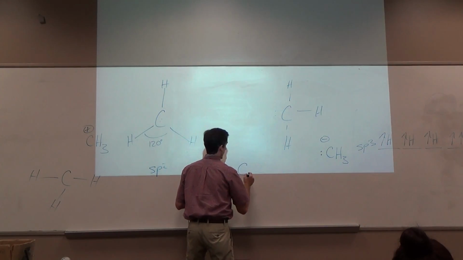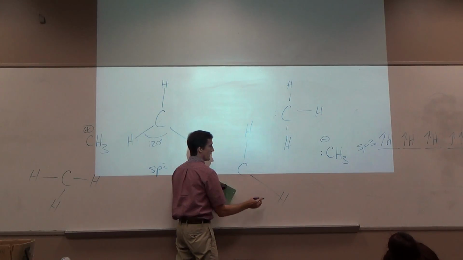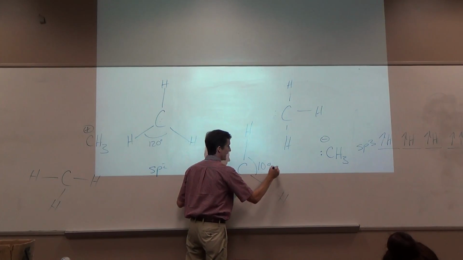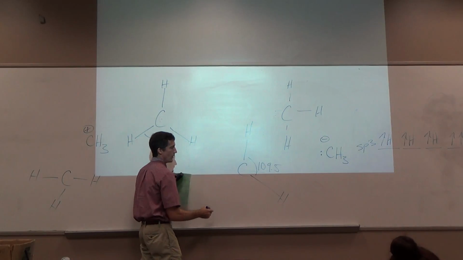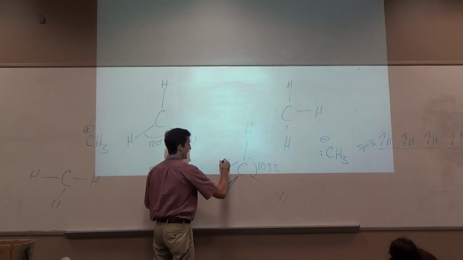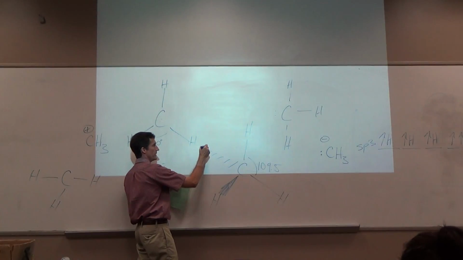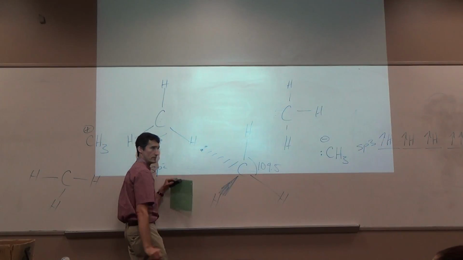Tetrahedral. That is, tetrahedral is 2 in the plane, with this being 109.5, 1 forward, and 1 back. 1 forward, we can make a bond here. Let's make this a lone pair.